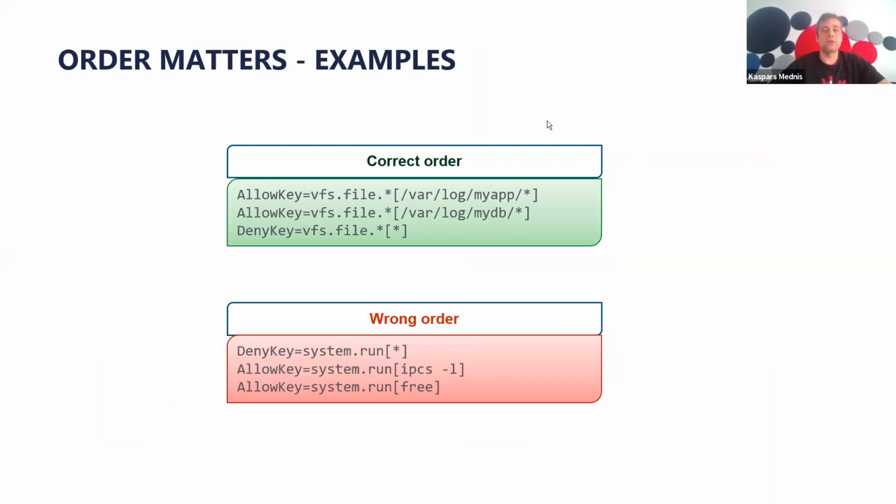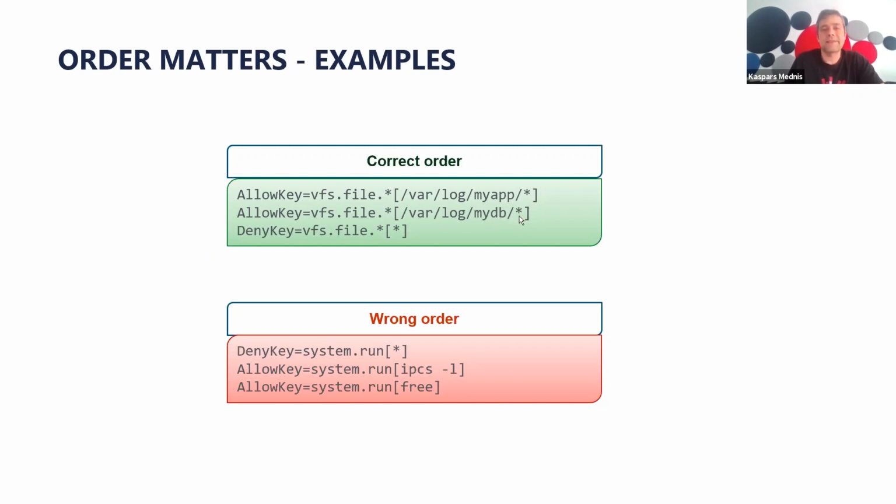And here are two very simple examples of correct and wrong order of such keys. In the first example, with allow key, you are allowing any file operation, like file size or file contents, with any file located in var log my application, or any file located in my DB.